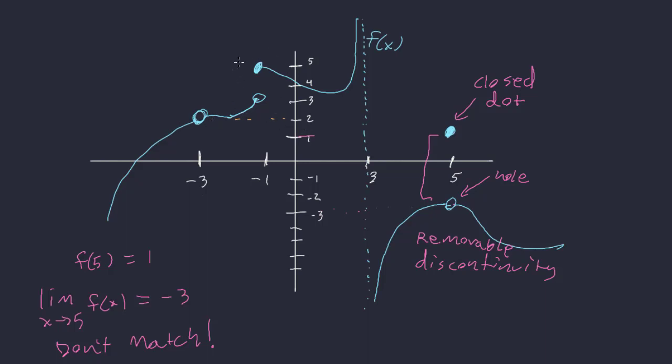Okay? Here the limit did not exist but the function value did. Here neither existed, and here they both existed but did not match. Okay? So that's a removable discontinuity, when you have both of them, right? So I'll say both exist but don't match.